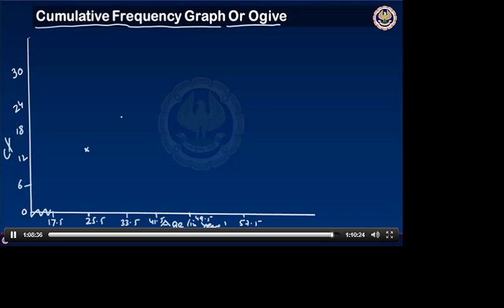And then we have here 25, and here we will be having 28, and this will be 30. So now we have made a cumulative frequency graph or ogive. So we are going to join. We start from here and make an ogive.